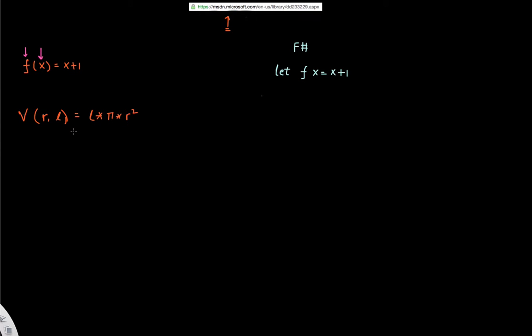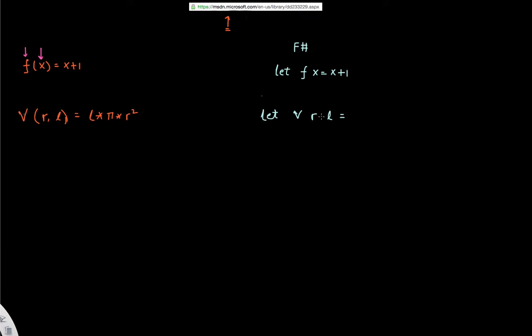To define a function of two variables in F sharp, coming back to the side of my board here, I'm going to say let, and let's give a name to our function. So let's say let v, and this is going to take my two parameters r and l, and this is going to be equal to.